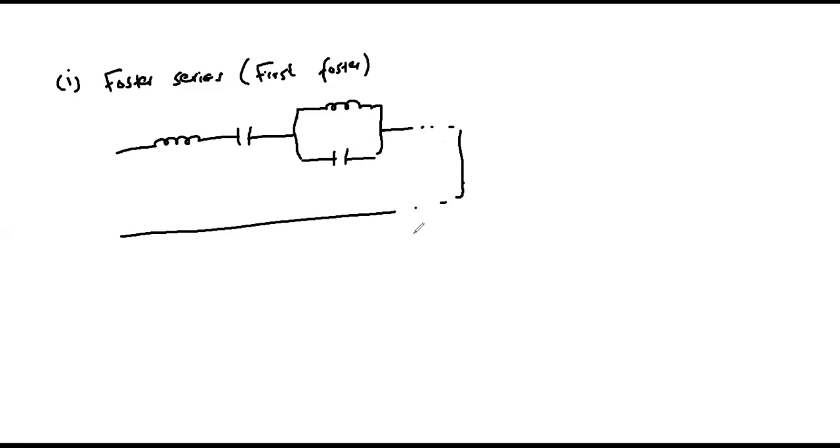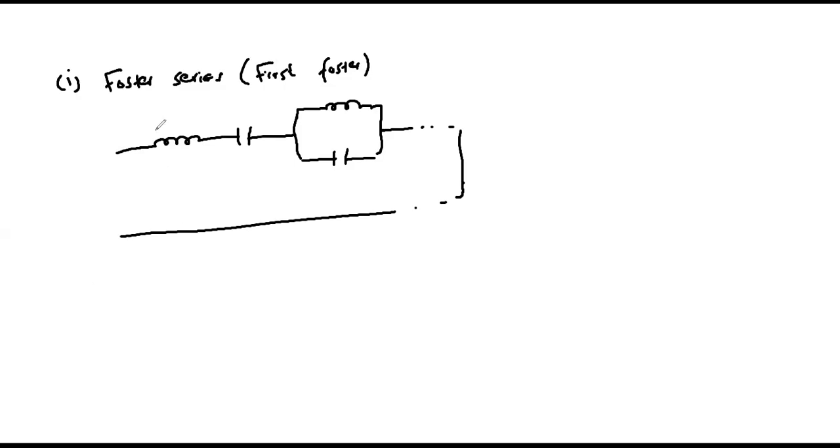Now, to implement a network in fast Foster, we use the partial fraction expansion, and through that we can identify the various components and their values based on the partial parts that we get from the transfer function.